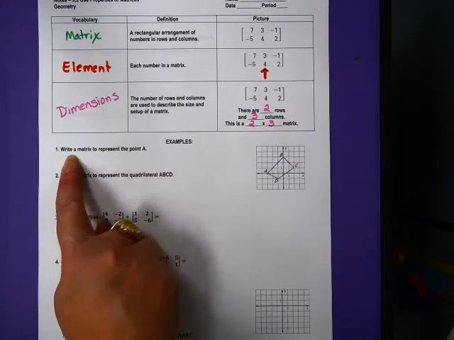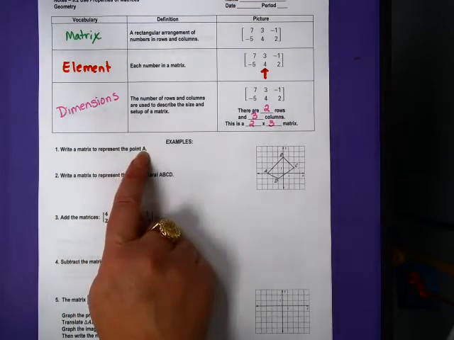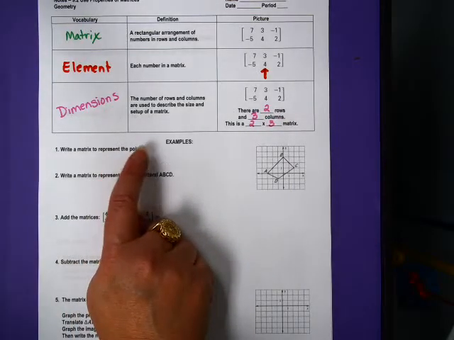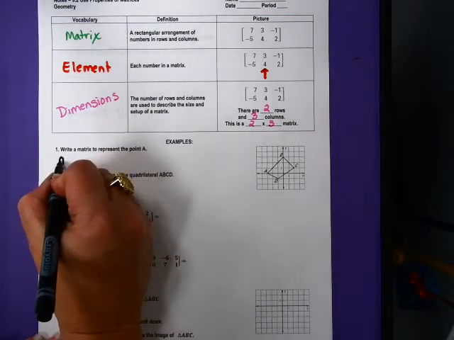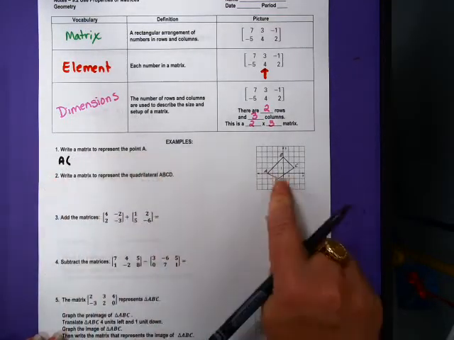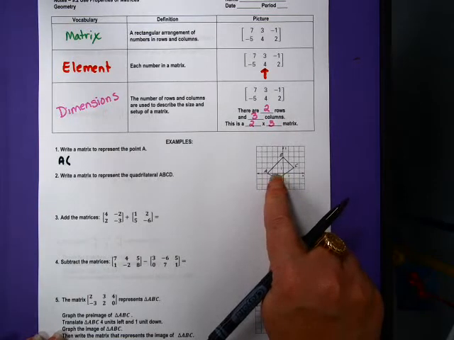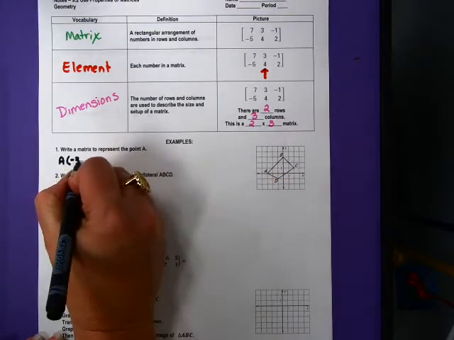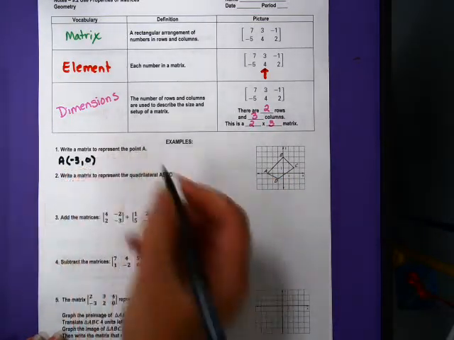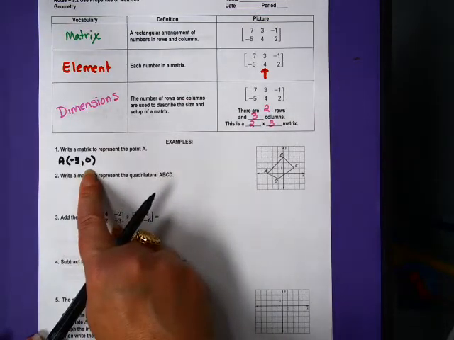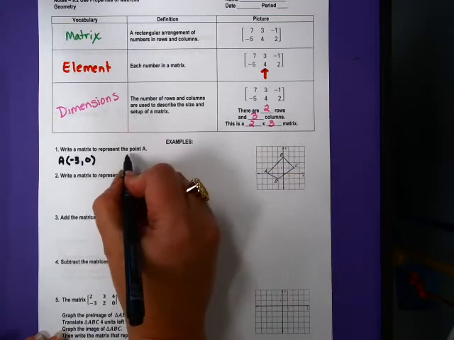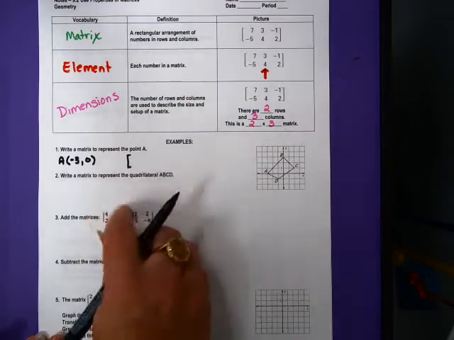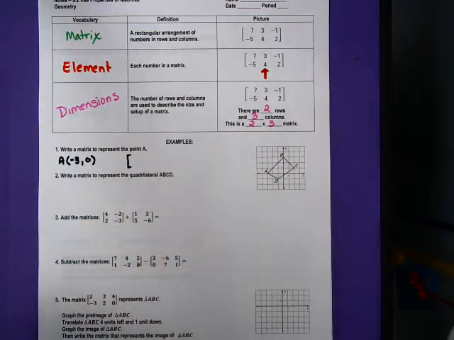All right, so a matrix is just a way of organizing information. You are used to giving me the coordinates of a point. So this is what we used to do. A is located at -3, 0. To write it in matrix form, you would use brackets instead, and put the x coordinate over the y coordinate.